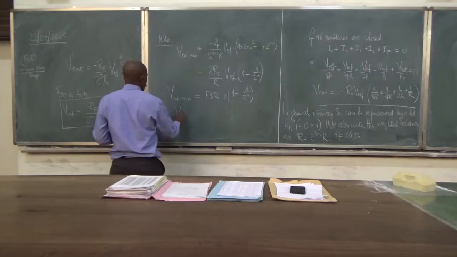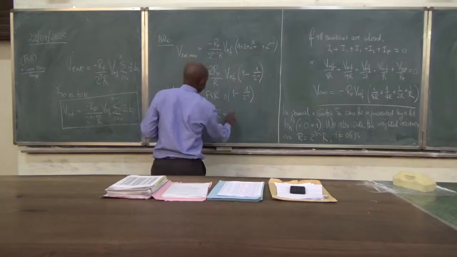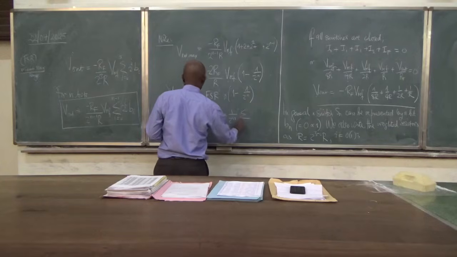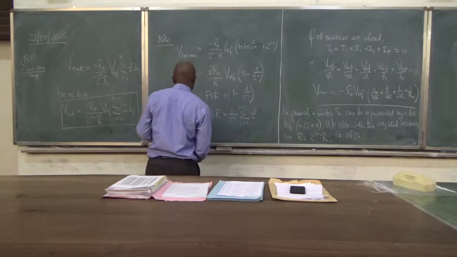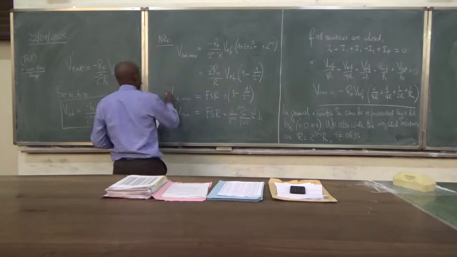And then the V out will be the same as full scale range times 1 over 2 to the power n, summation I equal to 0 up to n minus 1, 2 to the power I, bi.